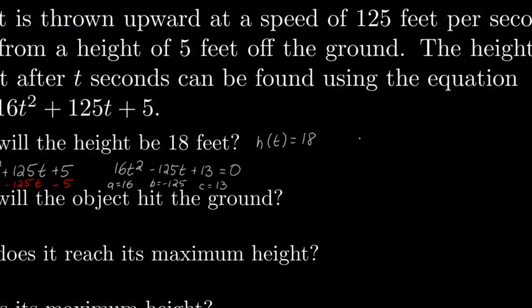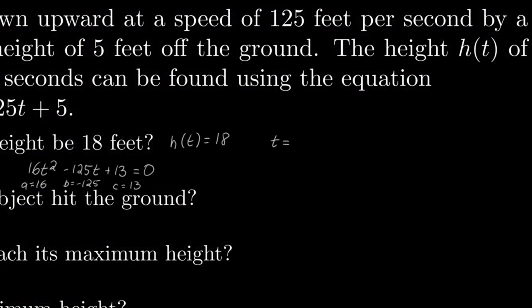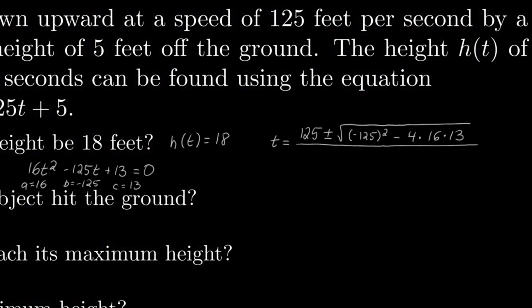Just to remind you, the quadratic formula is, in this case t of course, equals minus b to start on top, which in this case is the opposite of negative 125, that means positive 125, plus or minus the square root of the b squared, negative 125 squared, minus 4 times a times c, so 4 times 16 times 13, all over 2a, 2 times 16.